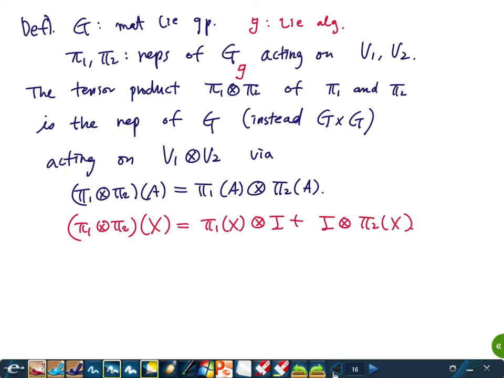Maybe I can talk about the dual representation. So recall, when we have a vector space V, we have the dual vector space.